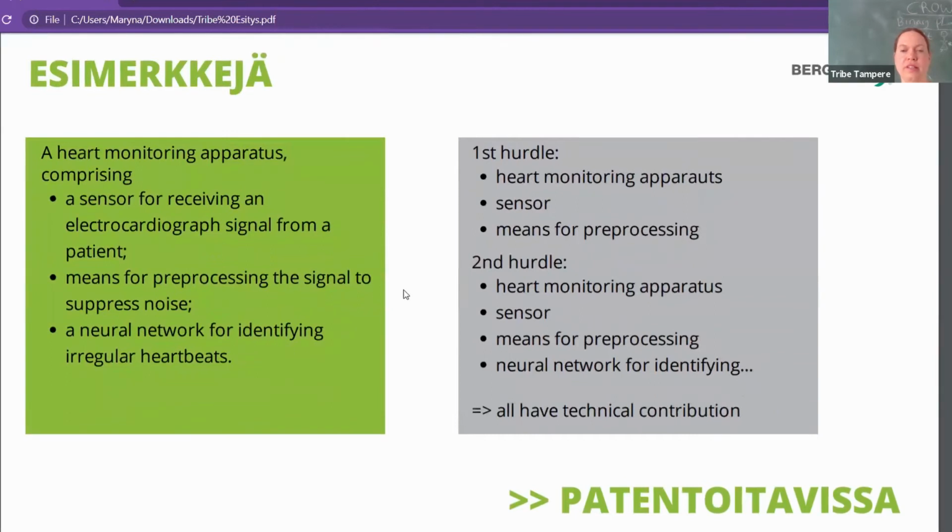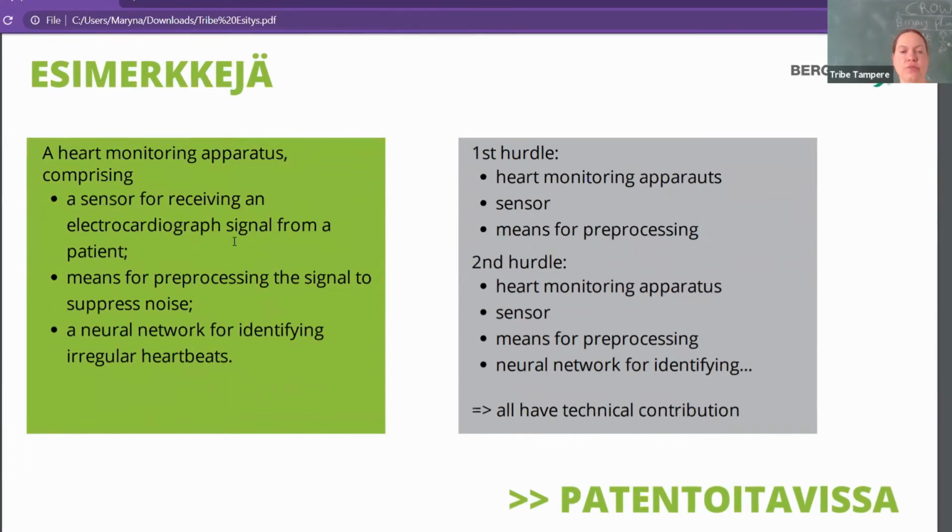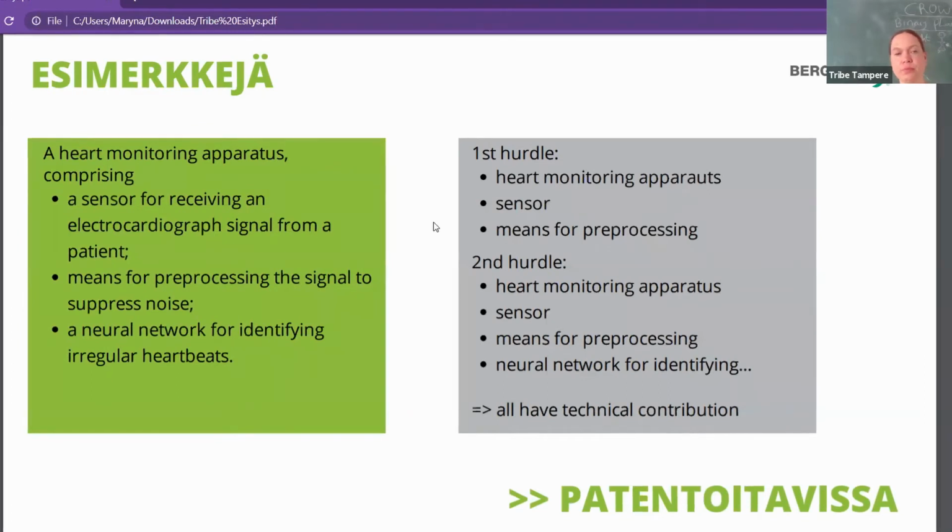Here is an example of what is patentable again. A heart monitor apparatus comprising a sensor for receiving an electrocardiographic signal from a patient, means for pre-processing the signal to suppress noise, and a neural network for identifying irregular heartbeats.